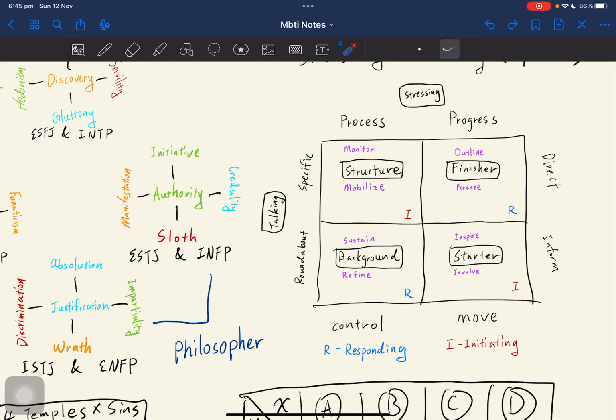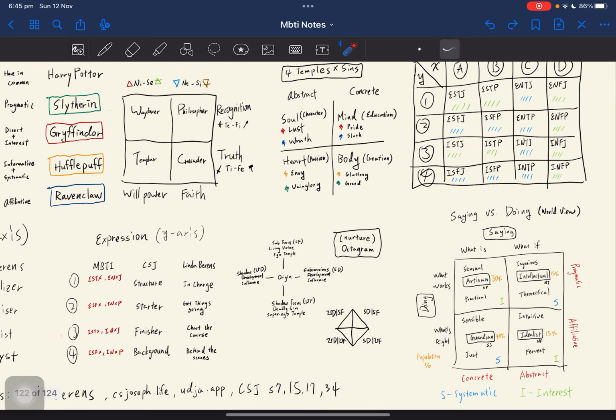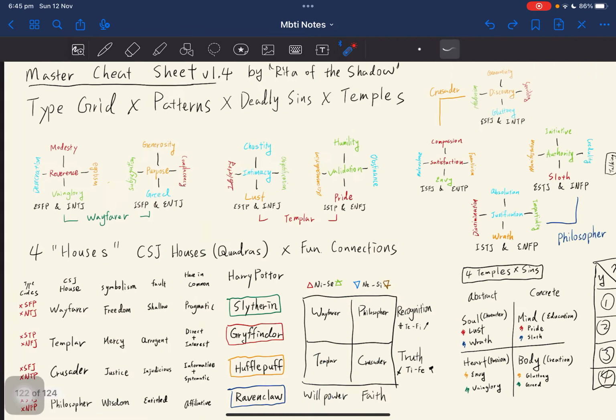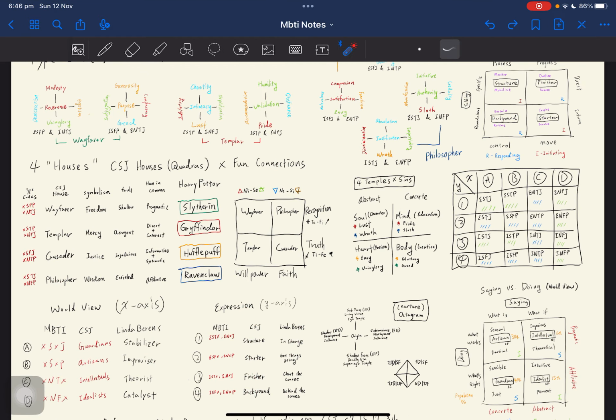So that's why you have 3 different vectors for you to cross-examine and see which one they are. If you find out, then you have identified their interaction style or expression. So that is the y-axis. Then you are either one of those.